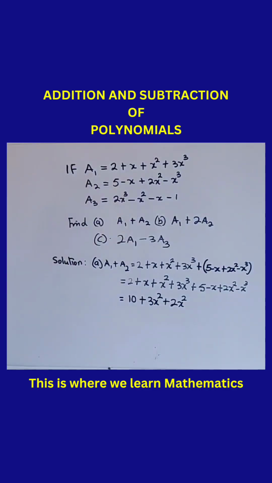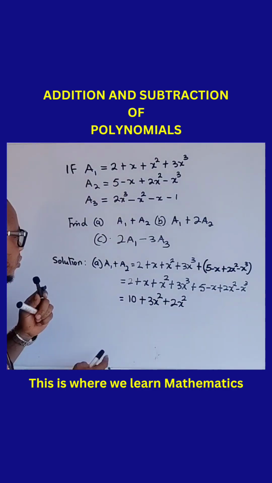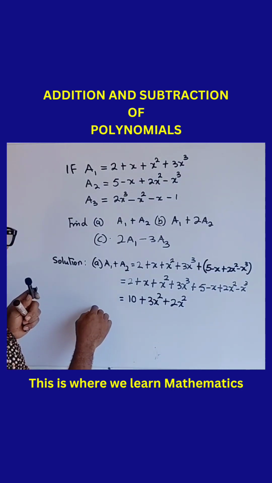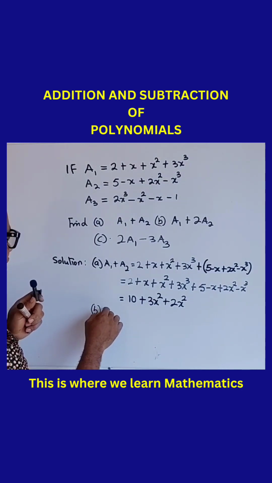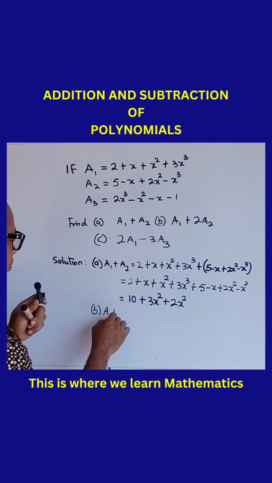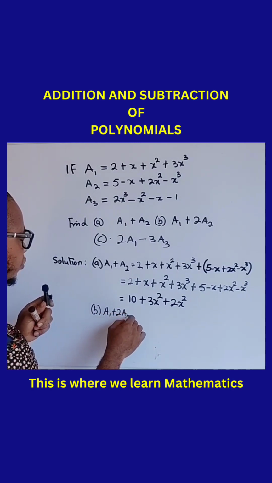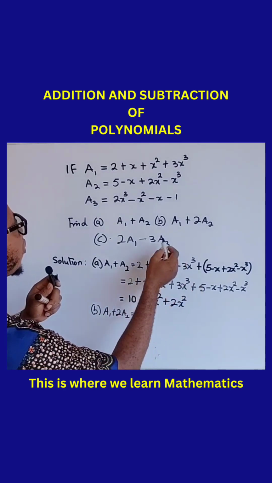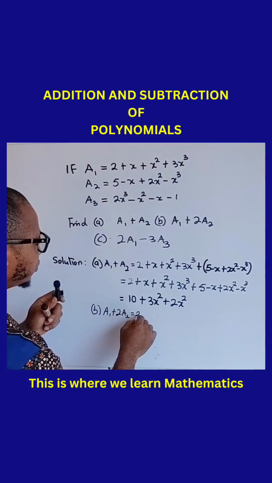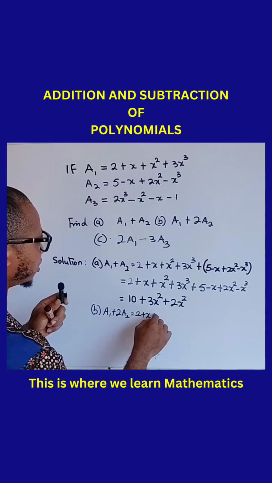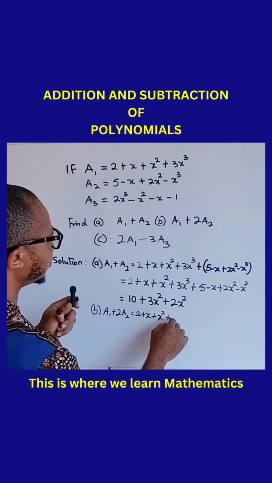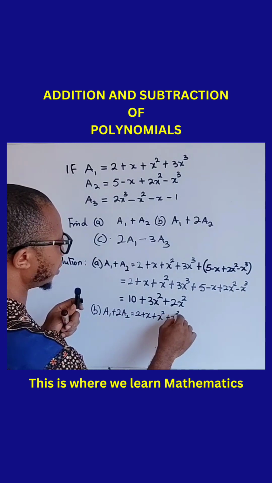Okay. Let us now solve the second question, which says a1 plus 2a2. Okay, let's write down a1. This is our a1 given to us as 2 plus x squared, then plus 3x cubed.